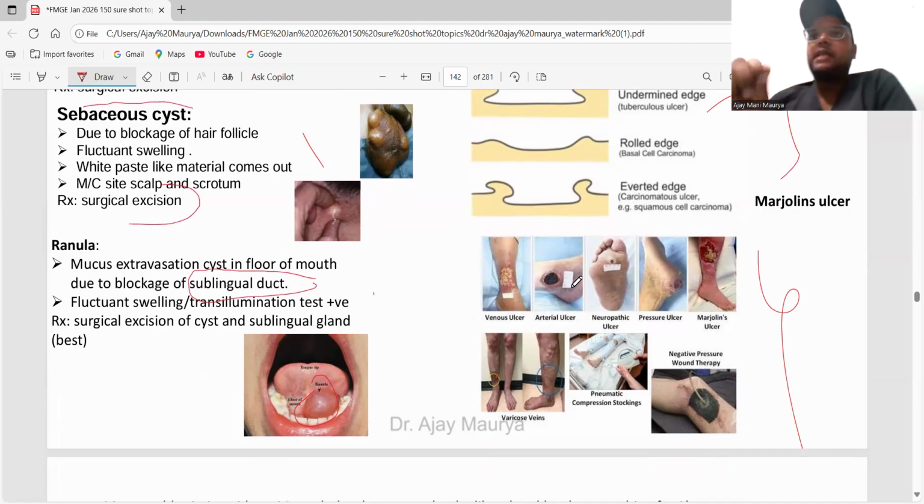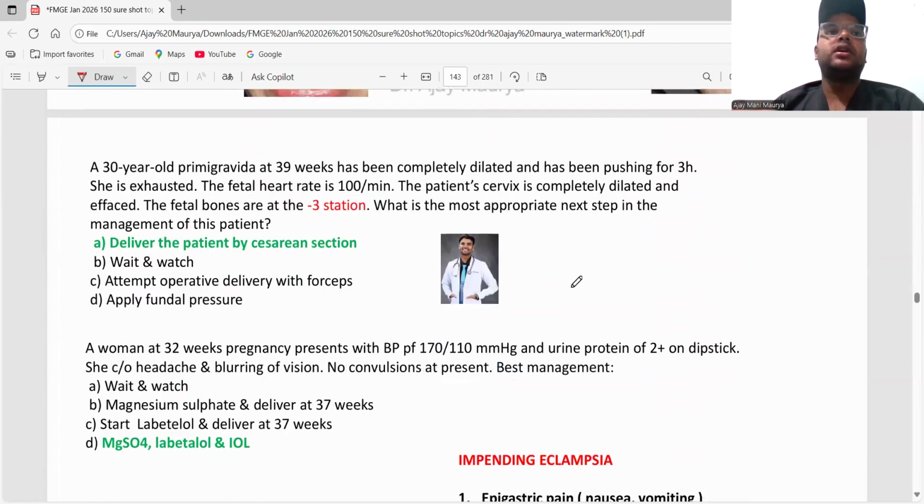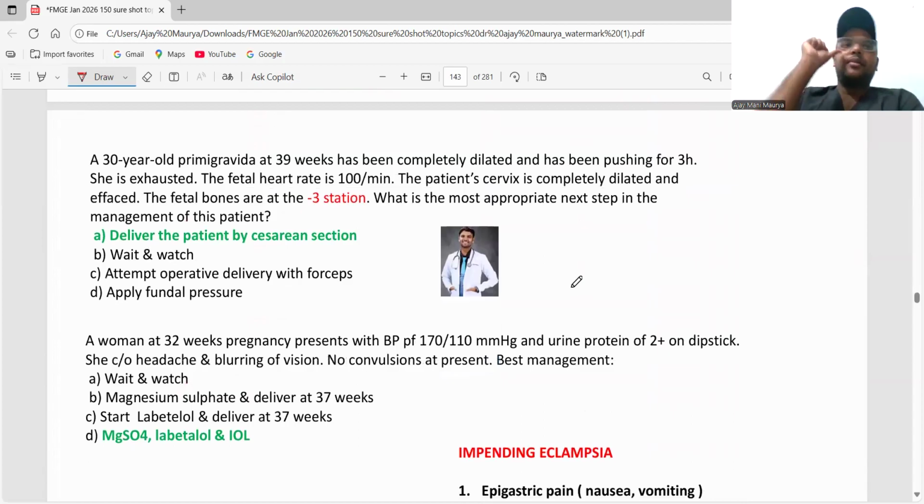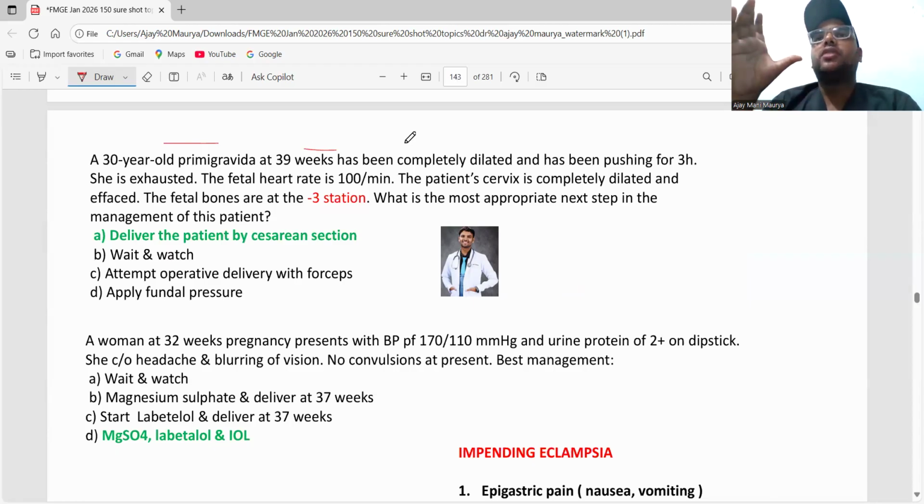Now remember this. The next one: a 30-year-old primigravida at 39 weeks. Read the question. She has been completely dilated and pushing for 3 hours.